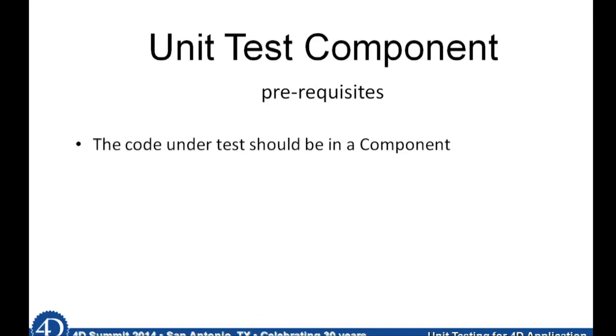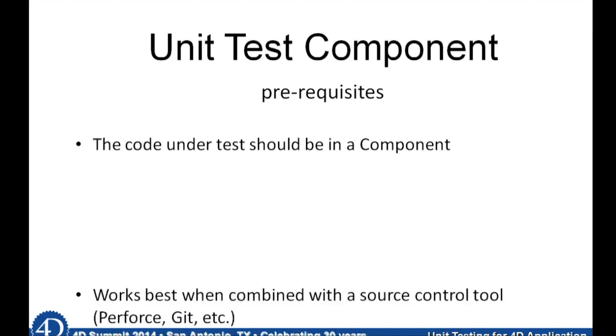To be able to use this component, you have to know that we have quite a few restrictions right now, but the code you need to test should be in a component. For now, you can't use our component test directly on methods from a currently open database. We can, however, test components. But if your code is pretty modular, with different components, then you're going to be okay.